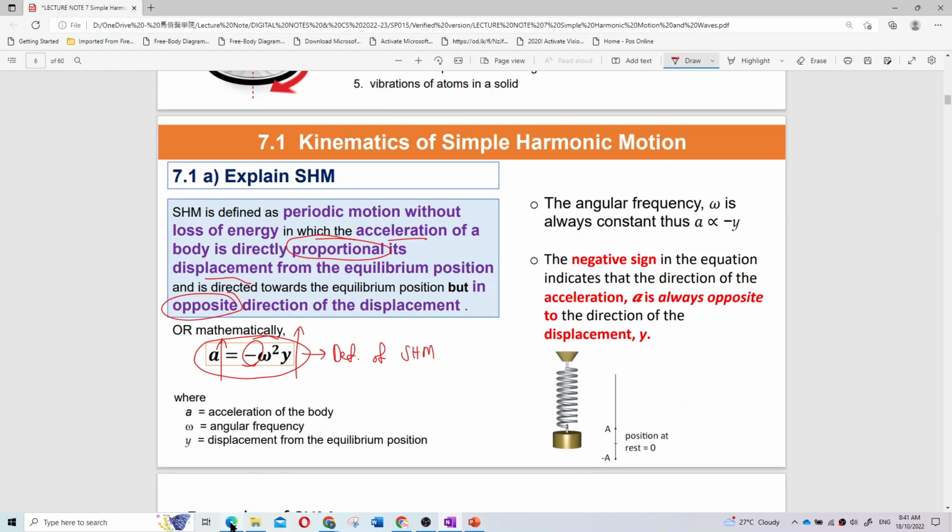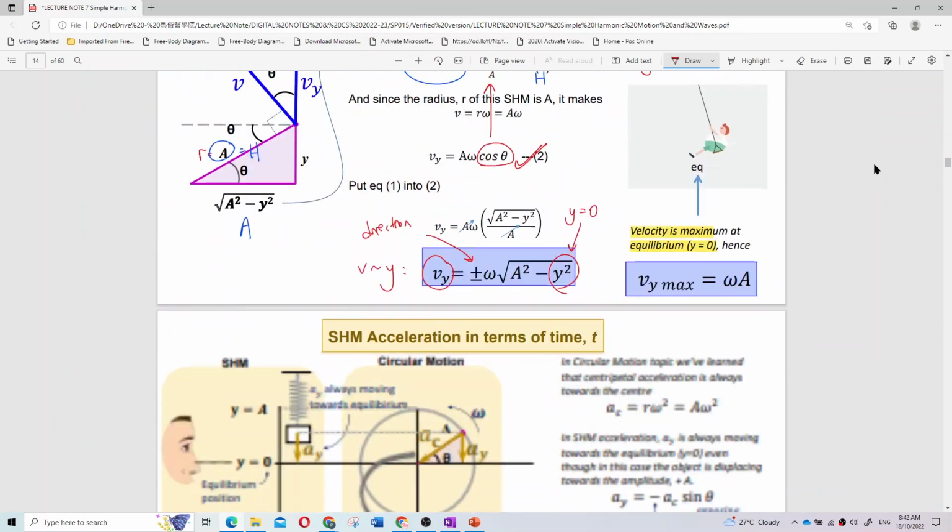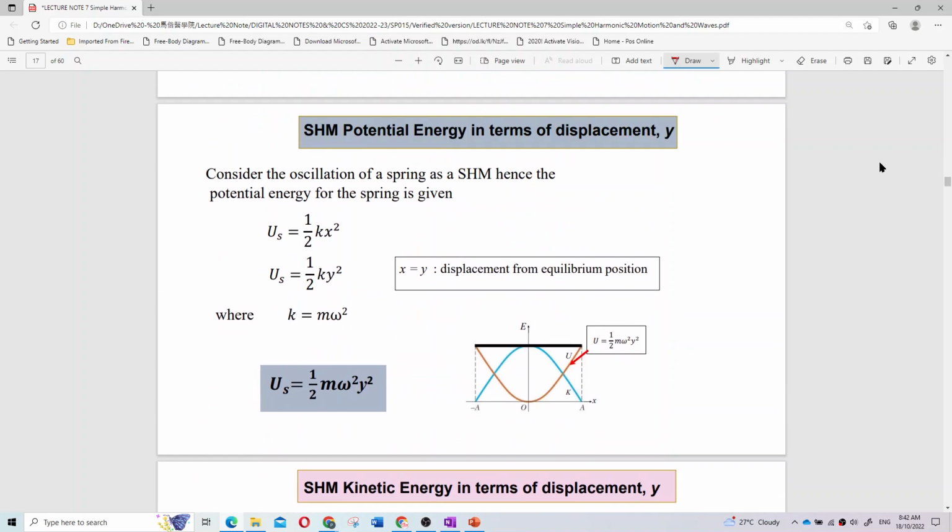Okay, let me look at the next one. What do we have? Potential energy versus displacement. Consider the oscillation of a spring as SHM. Hence, the potential energy of the spring is given by this. This is the elastic potential energy of the spring, half kx square.